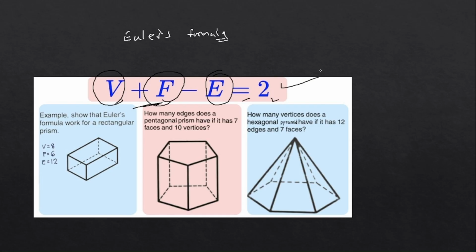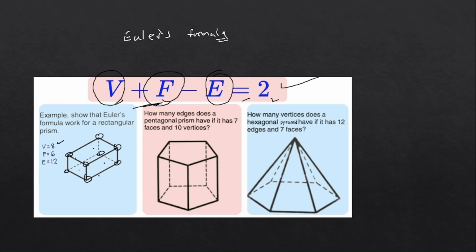Take the example of the cuboid. In a cuboid, the number of vertices is 8. How? 1, 2, 3, 4, 5, 6, 7, 8. Number of faces: first, second, third, fourth, fifth, sixth. 6 faces.